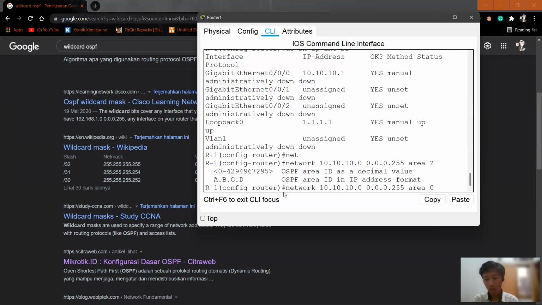Area 0 shares the information to area 1 and onward.